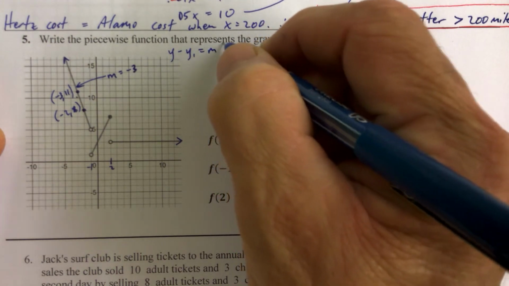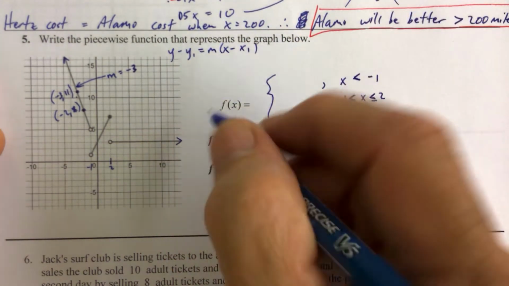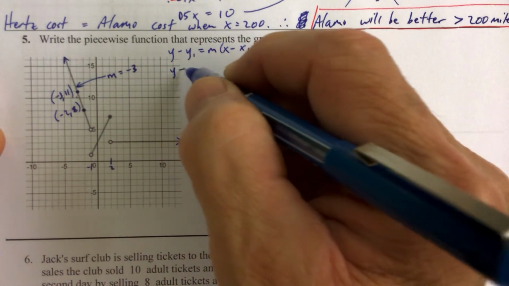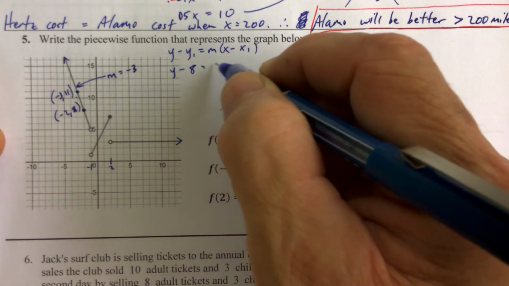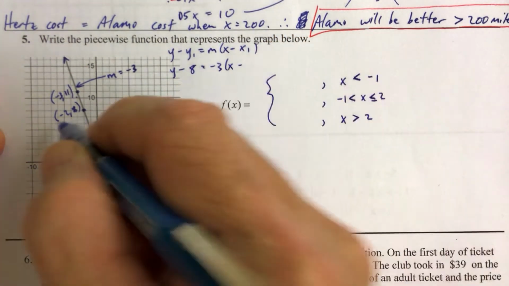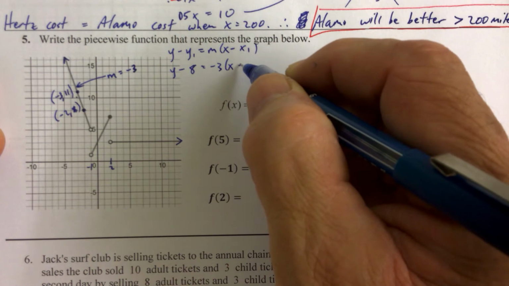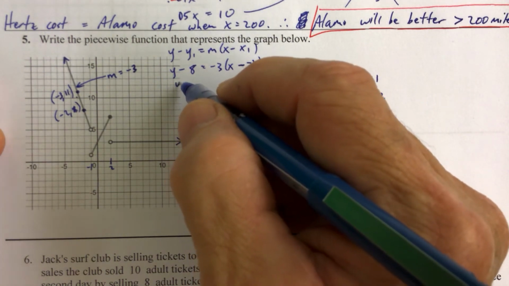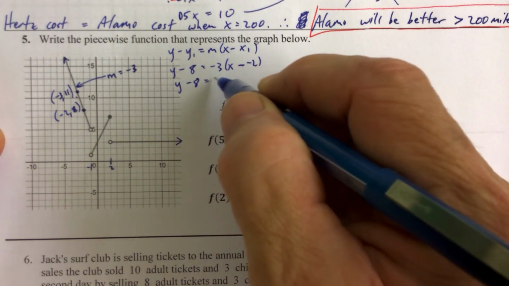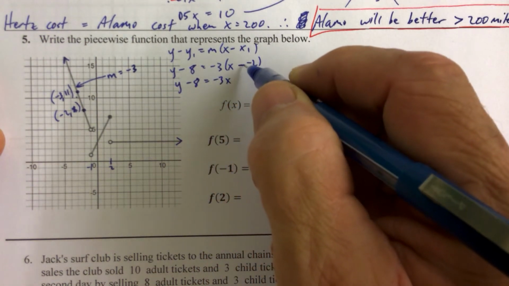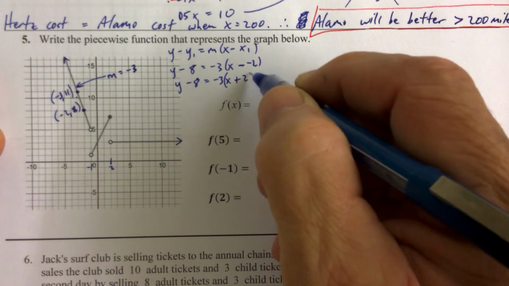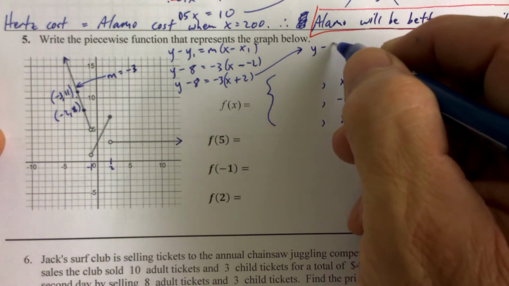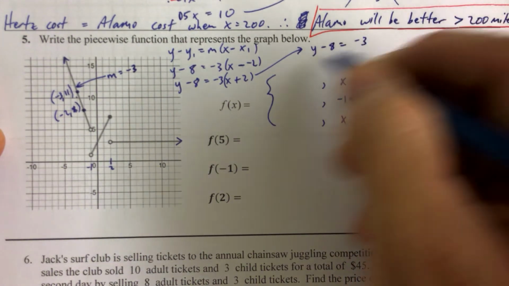We could also use the point-slope form of a linear equation, with x1, y1. We could count y1 to be 8, let's say. Slope is negative 3, and the x1 would be negative 2. So x minus negative 2 would be x plus 2. So y minus 8 equals negative 3 times x plus 2. Let's go ahead and distribute the negative 3 to both terms here.